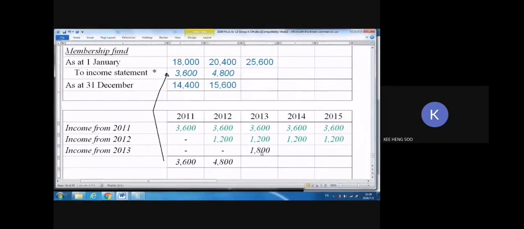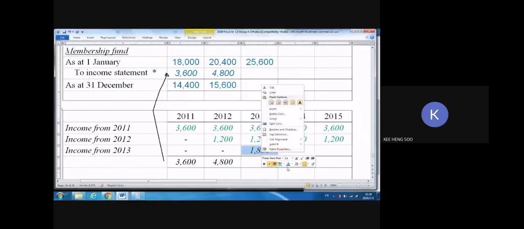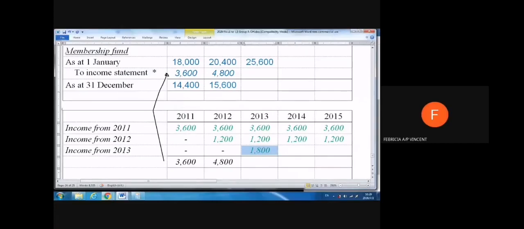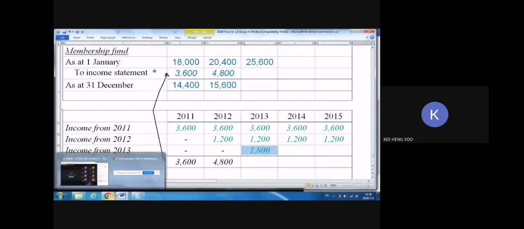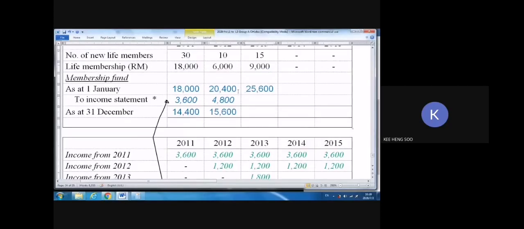One time. I get to 24,600. Oh, sorry. Yeah, very good. 24,600. See, 15 plus 9 is 24,600.